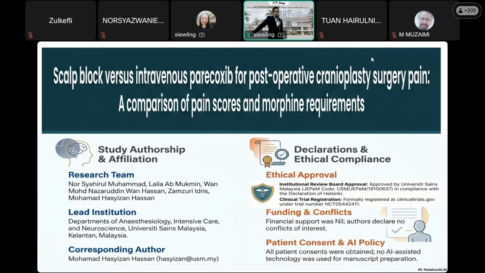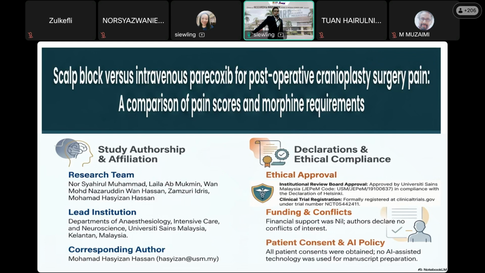This research involved master student Dr. Nur Shahirul, the neuroanesthetist Dr. Laila, Prof. Naza, and me, and also the neurosurgeon Prof. Zamzuri Idris. It was done here in Hospital Universiti Sains Malaysia under the Department of Anesthesiology and Intensive Care and the Department of Neuroscience.